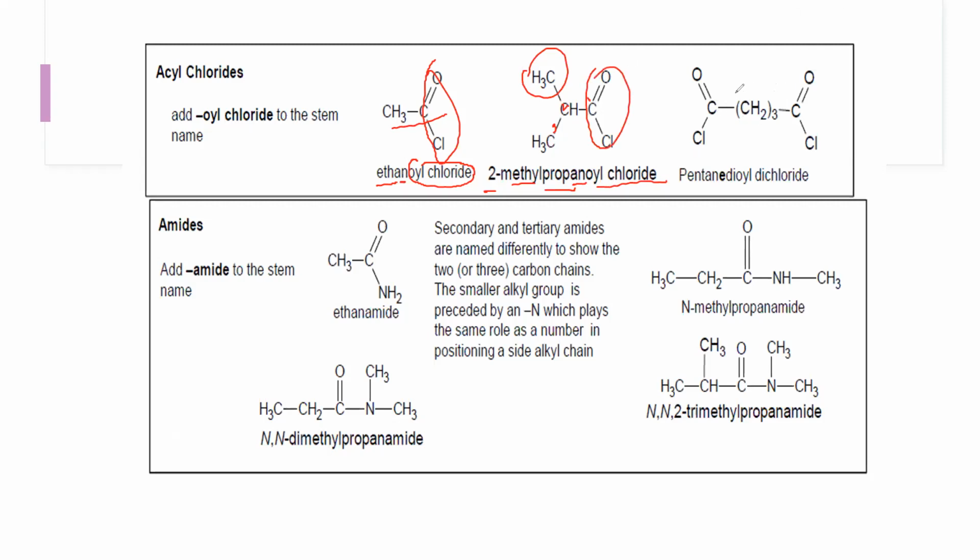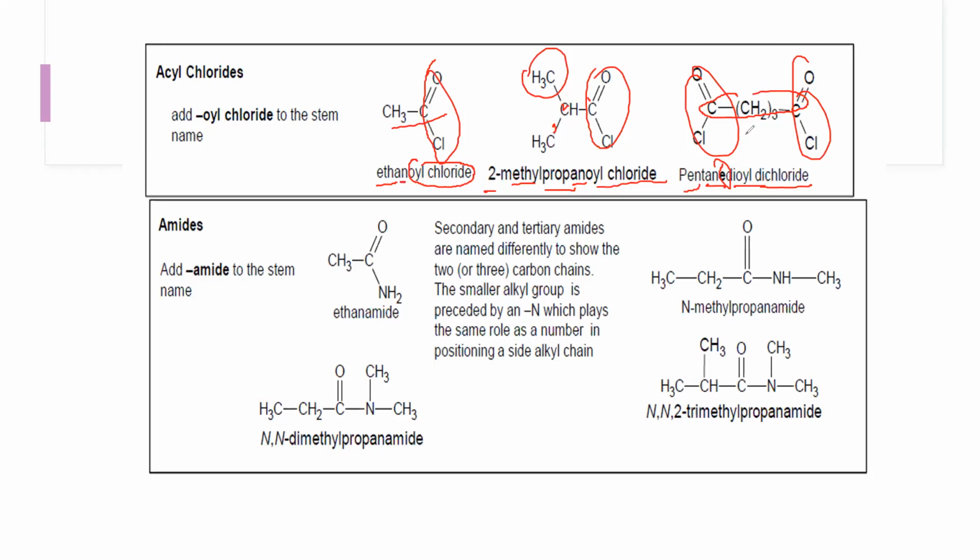Then this will have 5 carbons, so pent, and because there are 2 functional groups, it is dioyl dichloride, because 2 chlorines are also there. And why "e"? The "e" is not removed because it's not starting with a vowel.